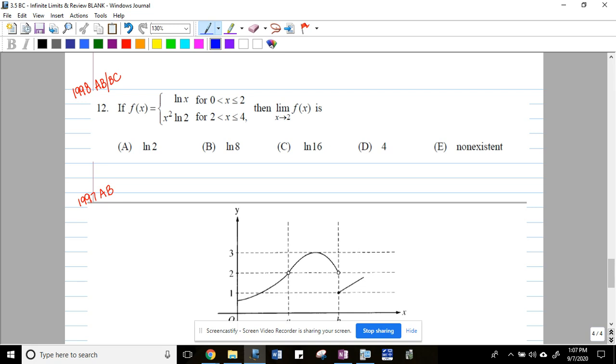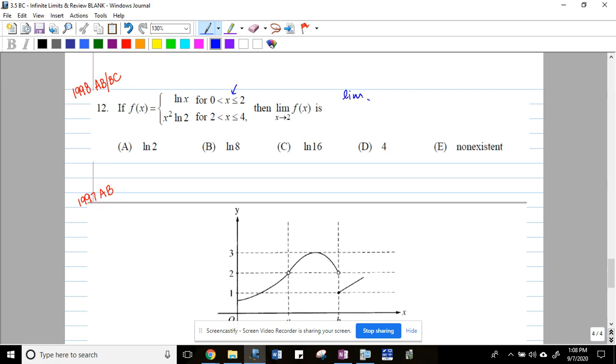f of x equals natural log of x when x is between 0 and 2, x squared times natural log of 2 when you're between 2 and 4. Then the limit as x approaches 2 of f of x is what? Well, this is a piecewise function, so I want to take a look at this. If I'm plugging in 2 here, I'm to the left of 2 right here.